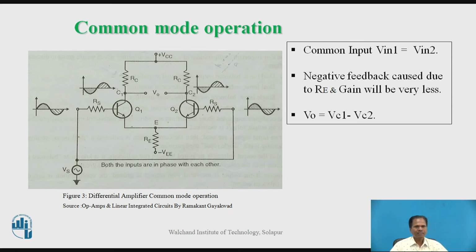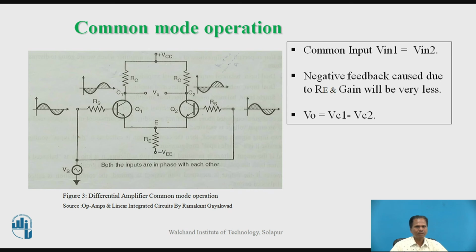In this case, the two input signals of the same magnitude and same polarity produce equal voltages of the same polarity across the common emitter resistor RE. So these voltages due to Vin1 and Vin2 add with each other across RE, and RE will cause a negative feedback at the input side of this amplifier.